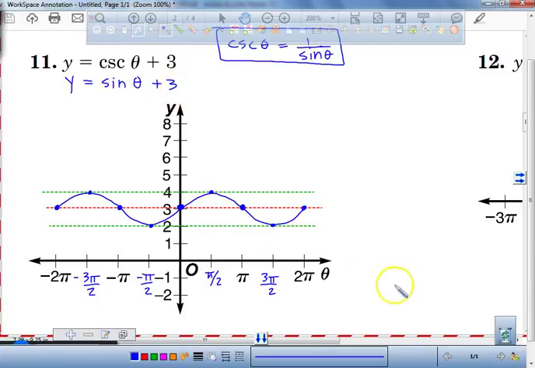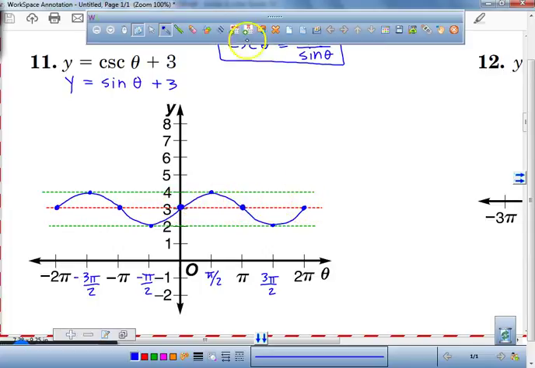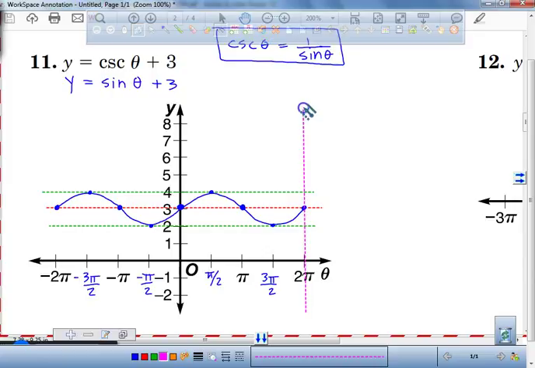Now, the next thing I want you to understand: where these points are on the midline of your sine of theta plus 3 graph, this is where the asymptotes are going to be for the cosecant of theta. So wherever you see a point on your midline, I need you to draw an asymptote going straight up and down. Right through 2 pi, right through pi.